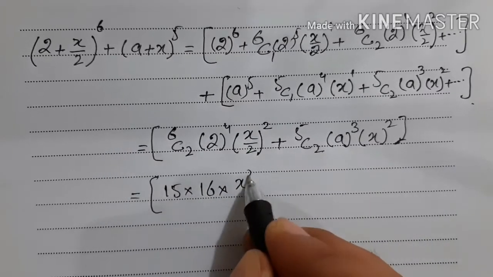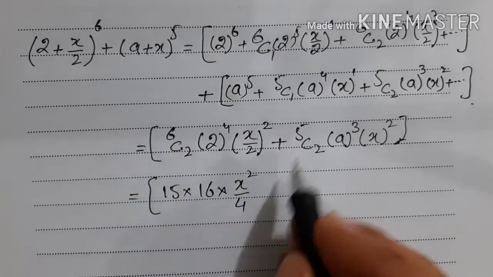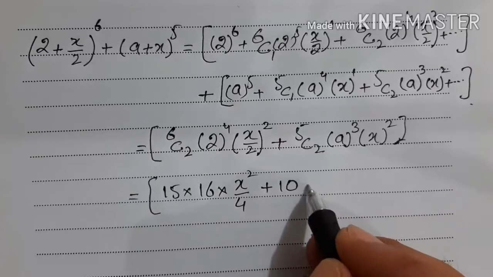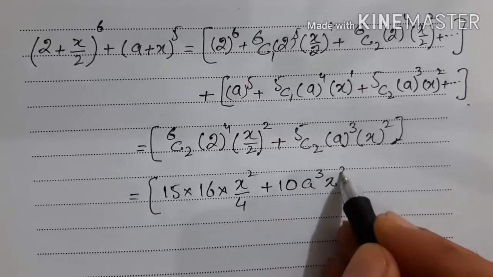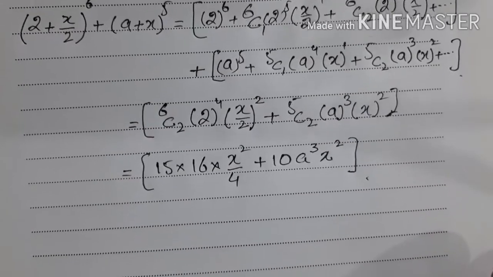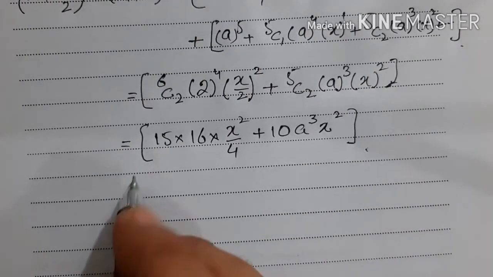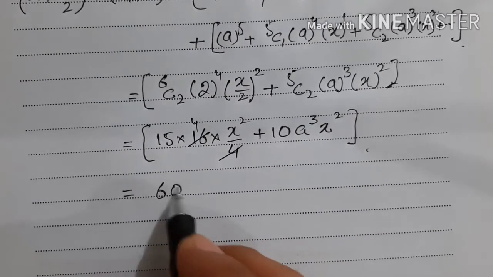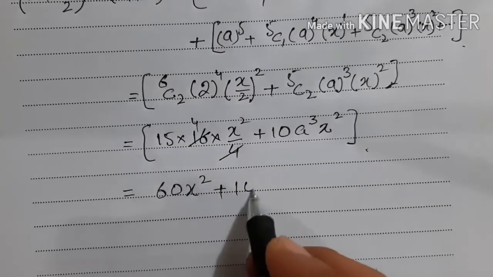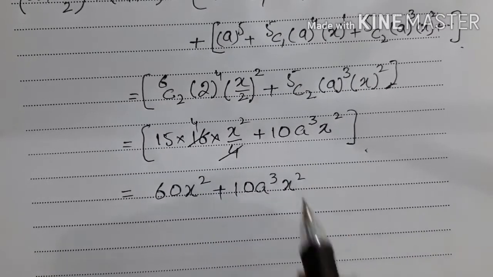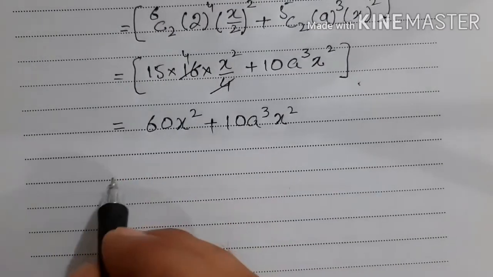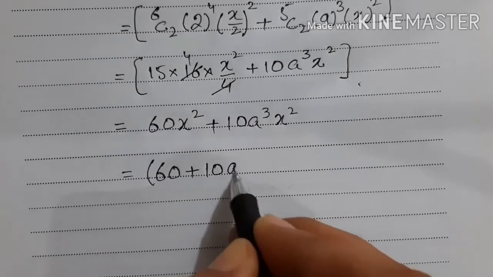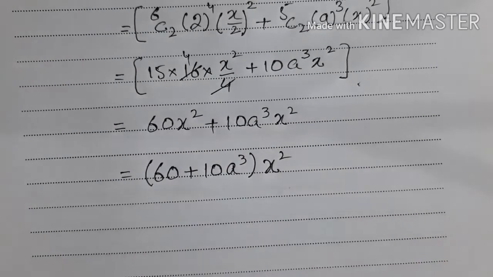This will be x squared over 4, 2 squared is 4, plus 5C2 is 10 a cubed x squared. Now 15 times 16 over 4 will be 60 x squared plus 10 a cubed x squared. Now take x squared common, it will be (60 + 10a^3) x squared.